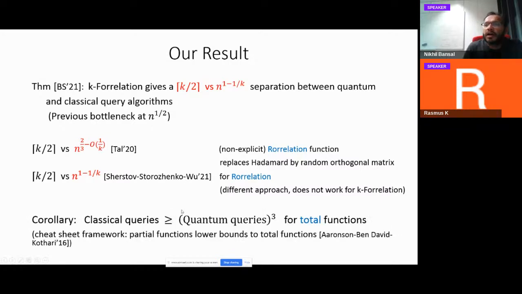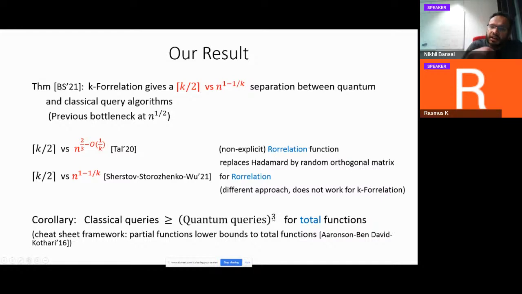Okay, and one small thing. We proved this bound for k-Forrelation, and using other previous work, one corollary of this result is that it also improves the bound for the total functions that I was telling you about earlier. Previously this bound was 8 over 3 here, of randomized query complexity versus quantum queries.